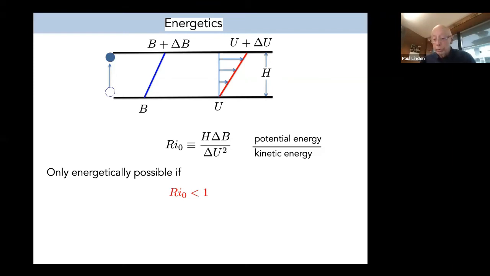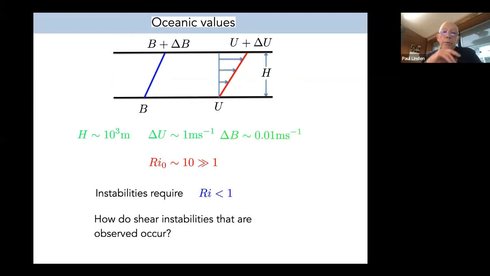So let's look at the ocean. In the ocean, as I said, the depth is 1,000 meters or several thousand meters. So H is of order 10 to the 3 meters. A typical velocity difference between the lower slow-moving ocean and things near the surface is about a meter a second.